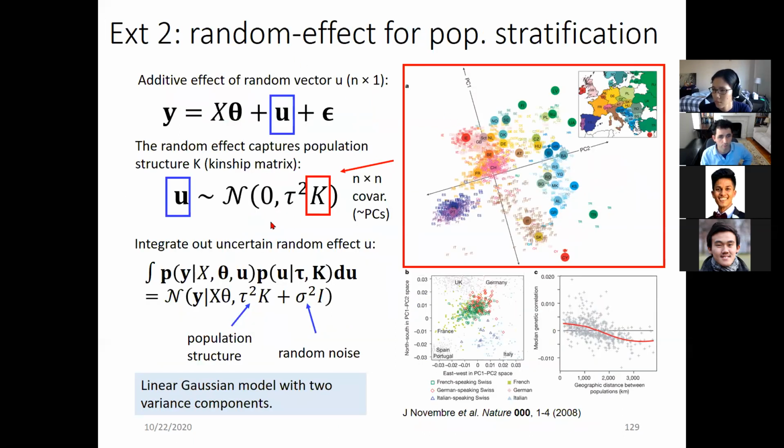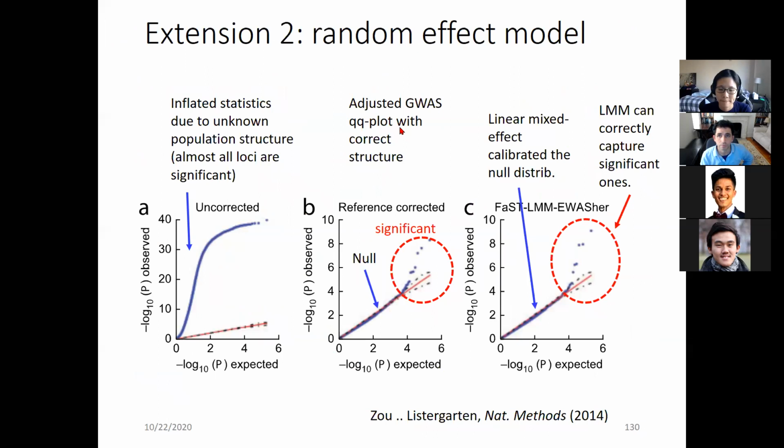You can use these random effects in the context of your population structure to basically study the kinship matrix relationship and then infer that and remove it. And you can also use these random effect models to basically look between an uncorrelated or a reference corrected null that basically better follows the true distribution.